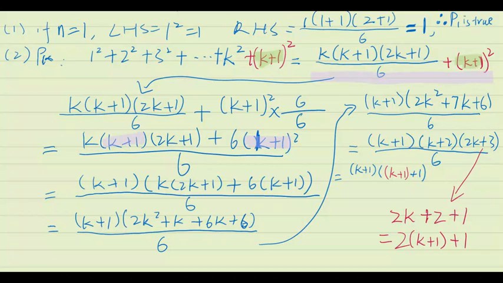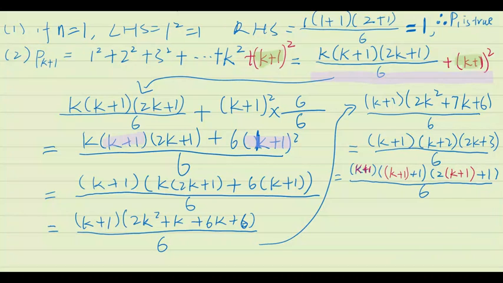Now we factorize them. Don't forget, over 6. Because as we said, n is equal to k plus 1, if we substitute n back, it will be n times n plus 1 times 2n plus 1, over 6. So this is just equal to our question.